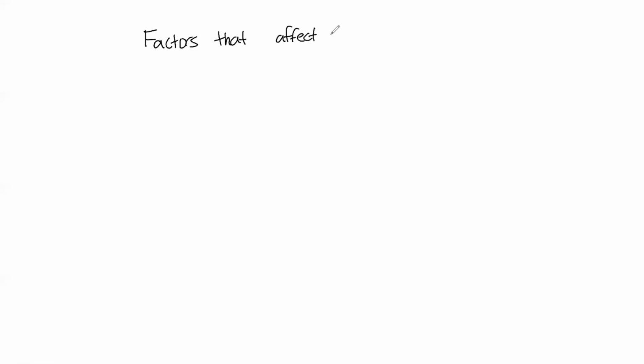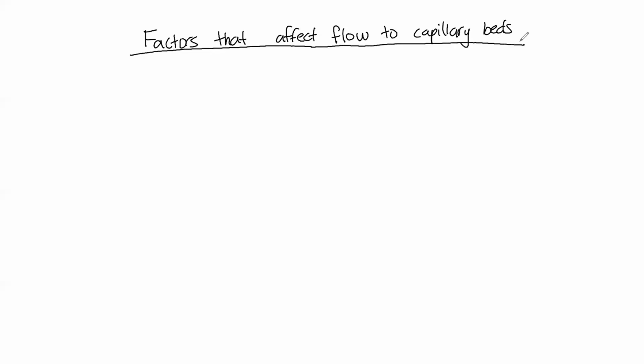And actually, let's say this in another way, factors that affect flow to capillary beds. Just so that it's clear, we're talking about the flow that's going either to capillaries or bypassing those capillary beds.